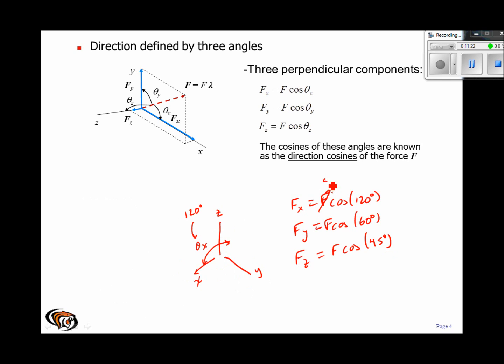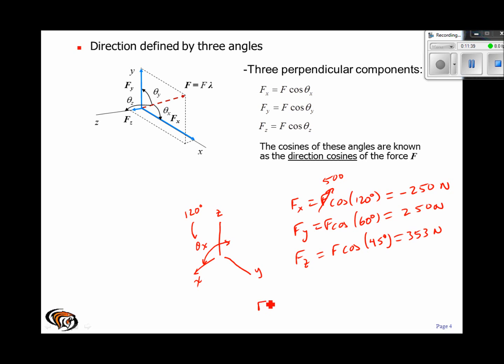This is 500. This would be negative 250 newtons. This will be 250 newtons. And this is going to be 353 newtons.